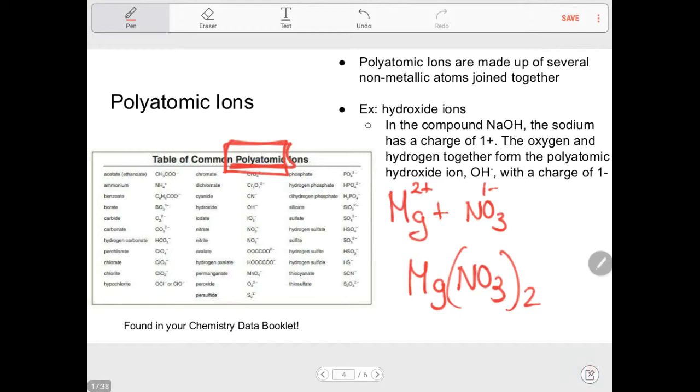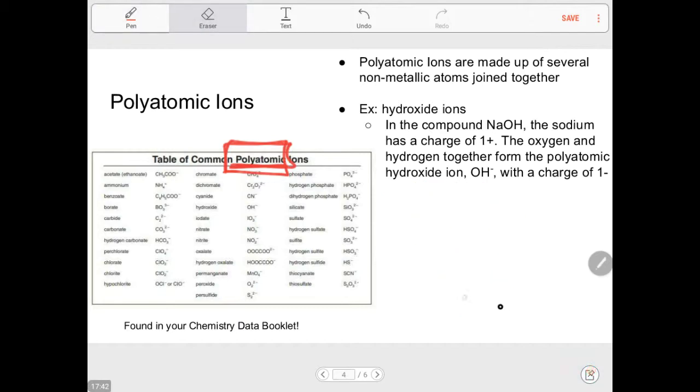Let's do one more for good measure. Let's throw a different curveball. What if I did Na and SO4? Well, let's double check our charges. Na is 1 positive. SO4 is called sulfate, and that gets a charge of 2 minus.